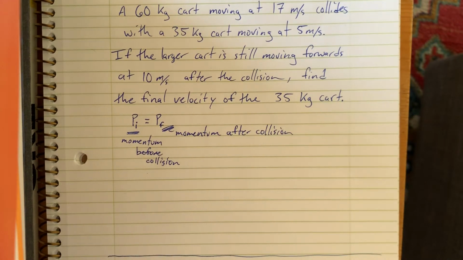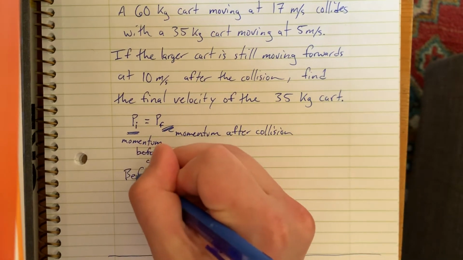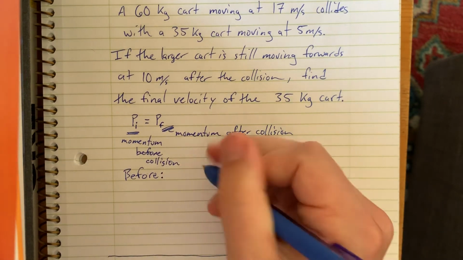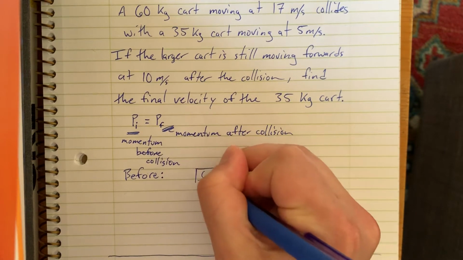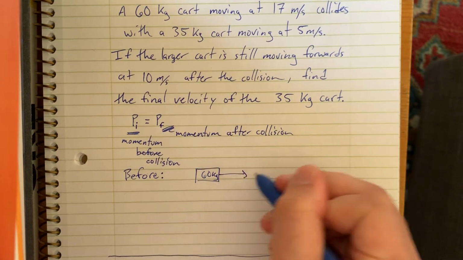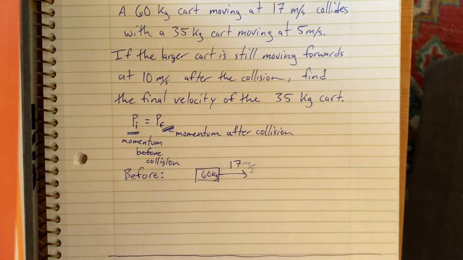Great. So the first thing, I'm going to draw a little picture. I'm going to have a before the collision section. Before the collision, we've got this big 60 kilogram cart, and it's moving forwards at 17 meters per second. My pen is dying a little bit.